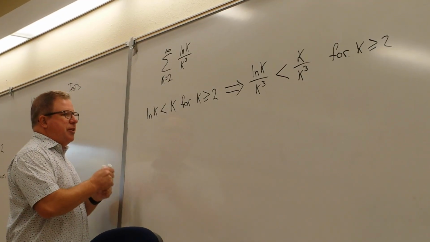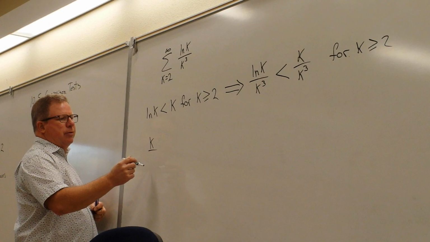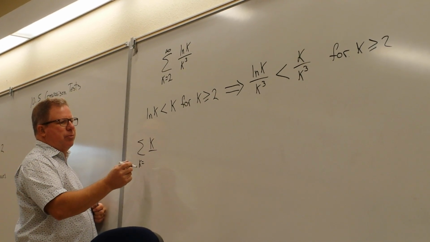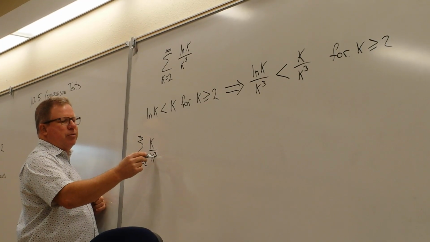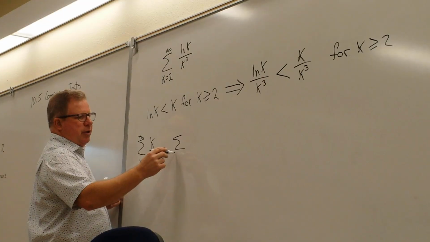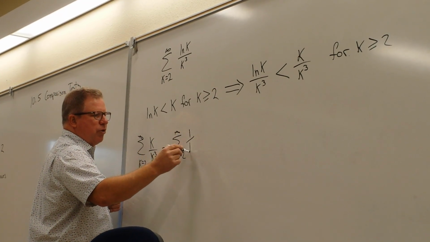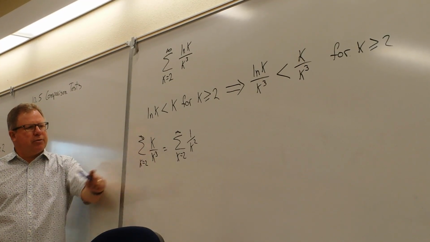What do we know about this? The sum as k goes from 2 to infinity of k over k cubed is equal to the sum as k equals 2 to infinity of 1 over k squared, right? That k cancels out one of those.